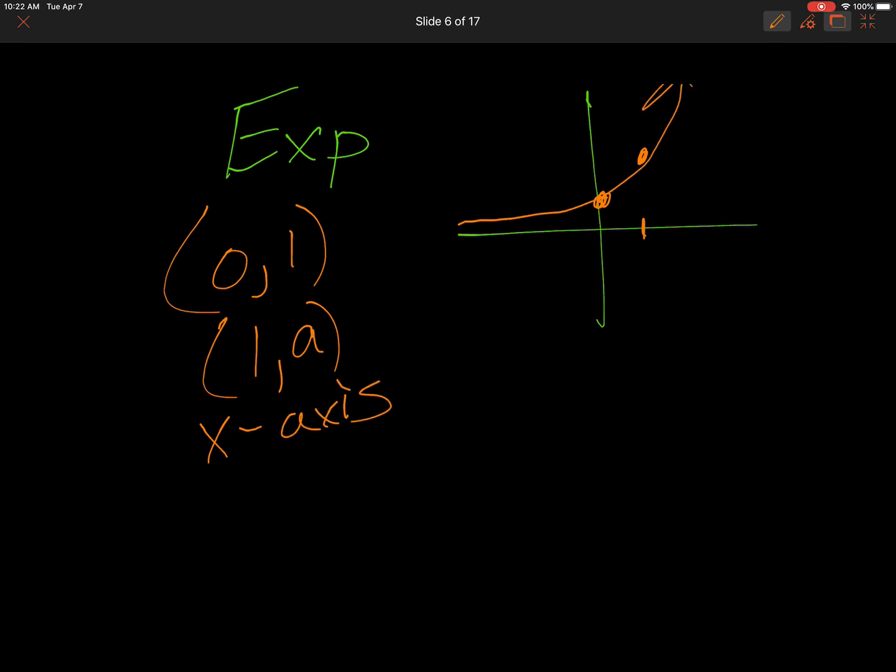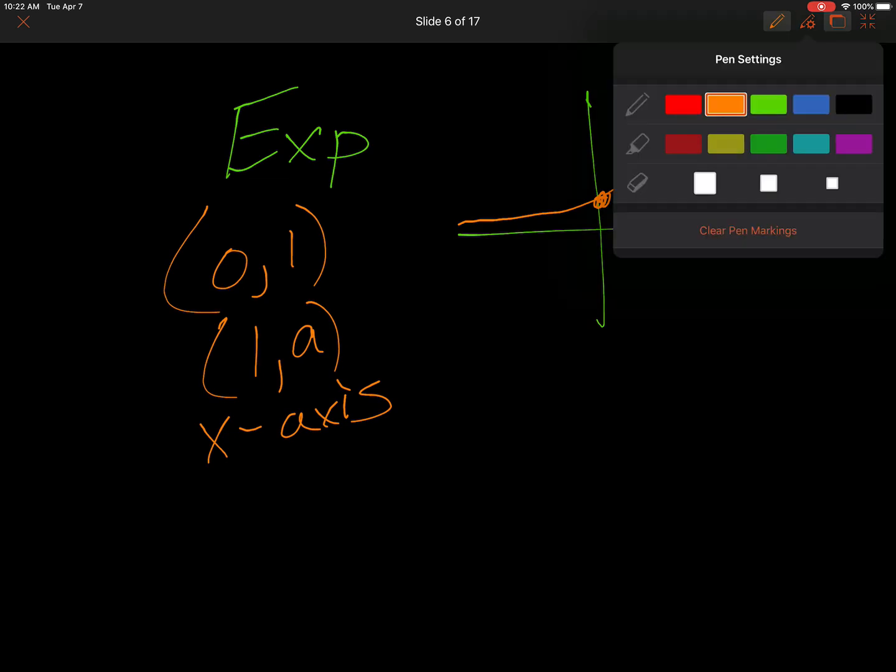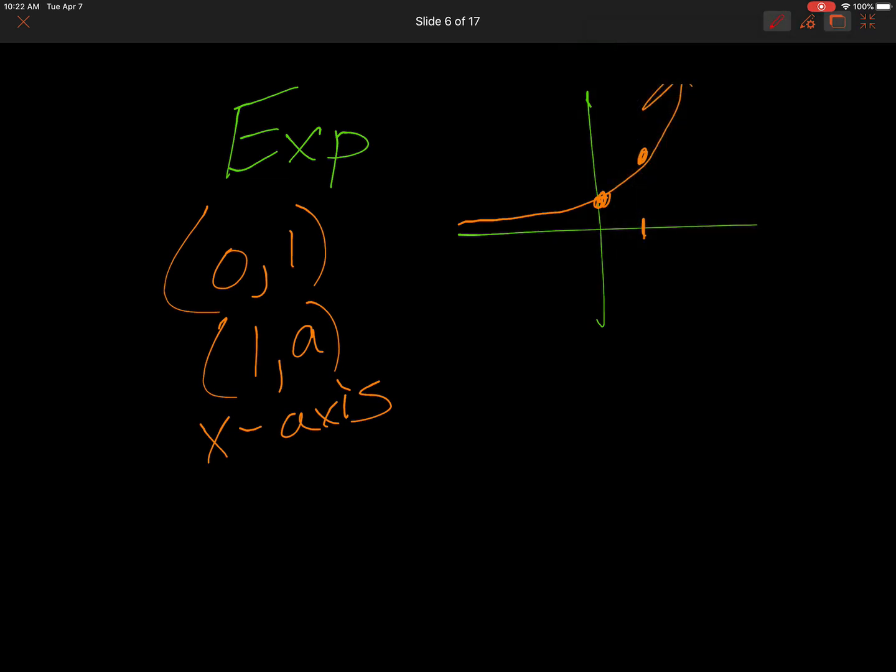So that's what we got for our exponential, something like this, or a decay would be going the other direction. Logarithms, now, keep in mind, logarithms are inverses of exponentials. So we know what inverses are now, and so for a logarithm, the graph has to go through the point 1, 0 instead of 0, 1, because the x's and y's change responsibilities.